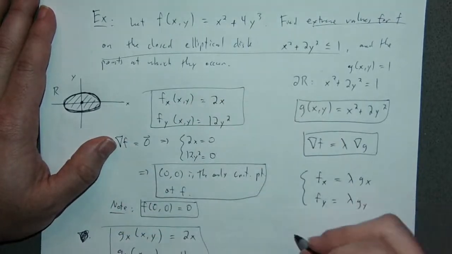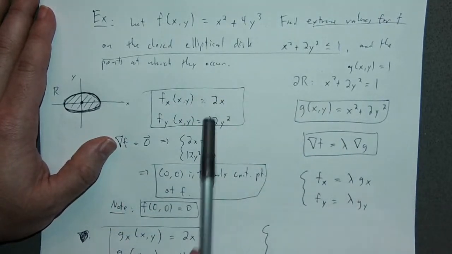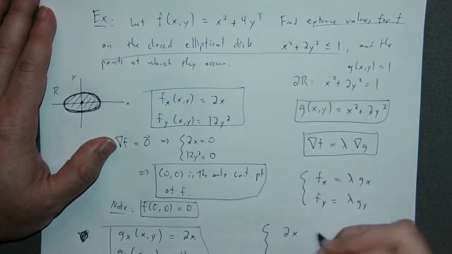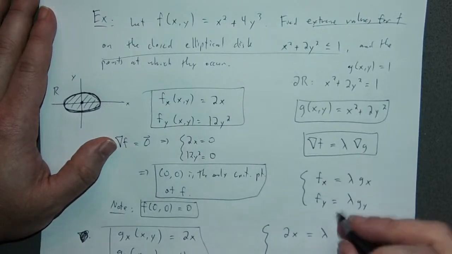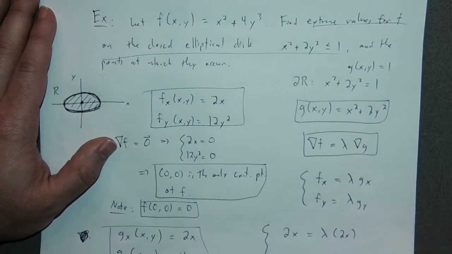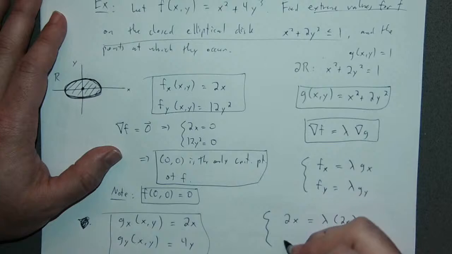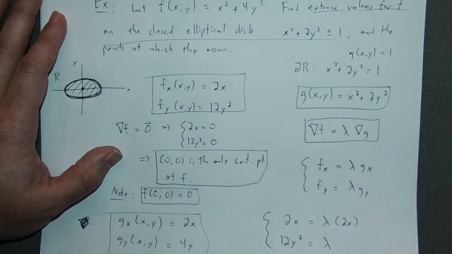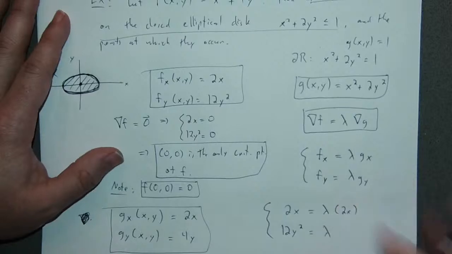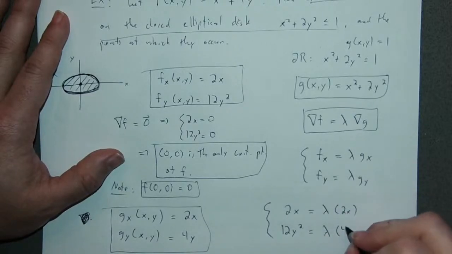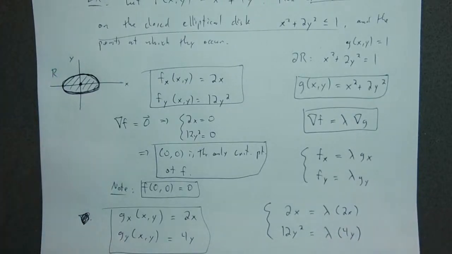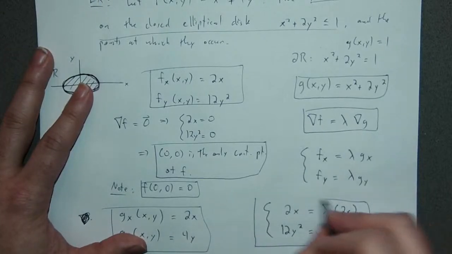I get 2x is equal to lambda times the x partial of g, which is also 2x. And I get that 12y squared is equal to lambda times the y partial of g, which is 4y.